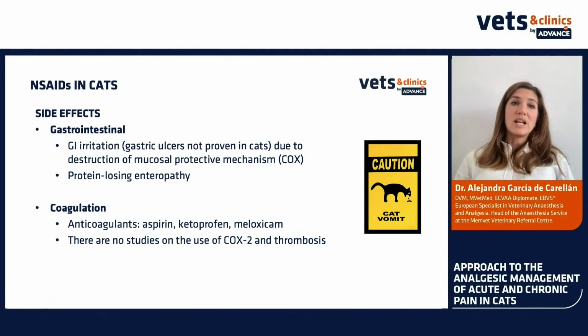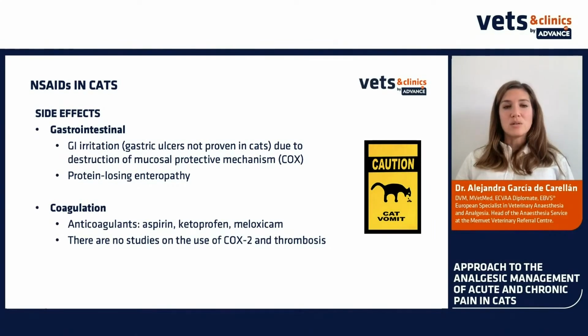Regarding gastrointestinal problems, GI irritation or gastric ulcers are not proven in cats, but we can see vomiting due to the administration of NSAIDs. That's another thing to consider when we have a cat that is already vomiting: take care with the doses or the drugs that you are administering and for how long.